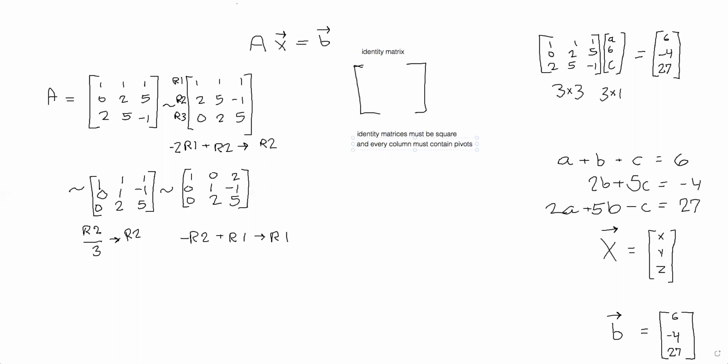So these are the two main criteria for something to be an identity matrix. They must be square, and then every column must contain pivots.